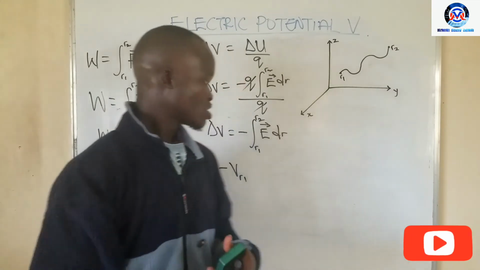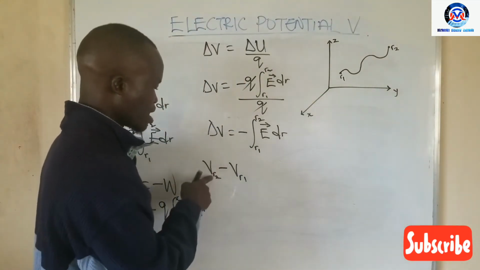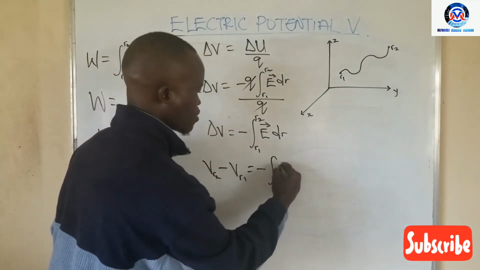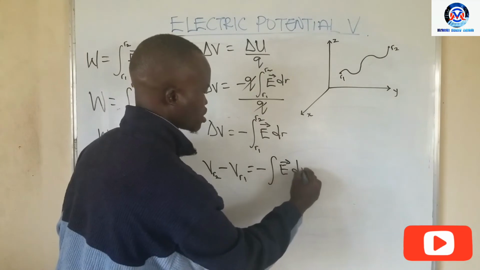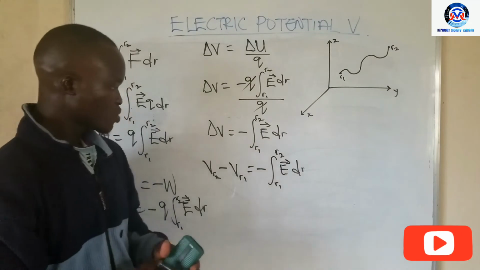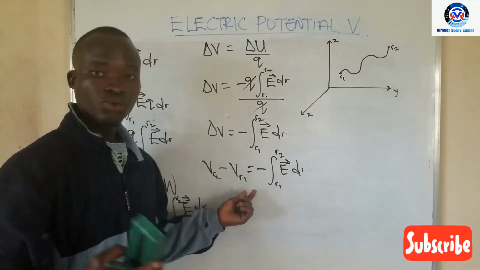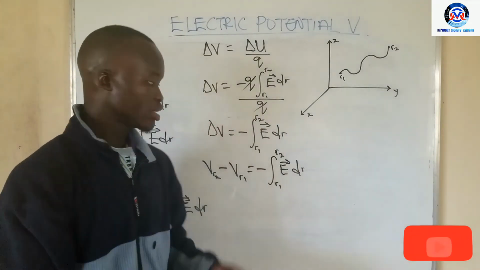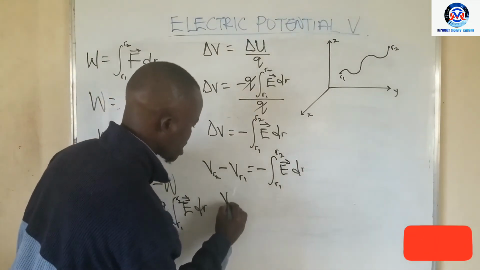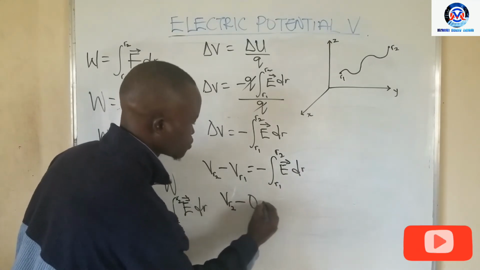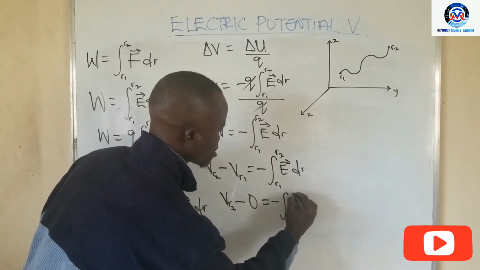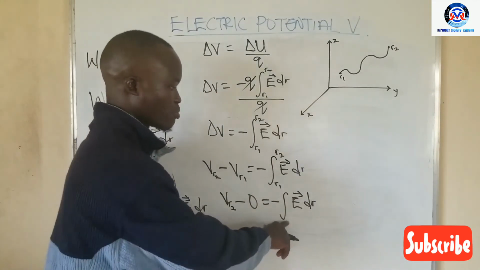So here we have final potential minus initial potential equals negative integral of the electric field vector dr from R1 to R2. When we start to move the charge from a point that is very far, the potential at that point is zero. So the final potential at R2 minus 0 is equal to negative integral of E dr, starting from a point very far.